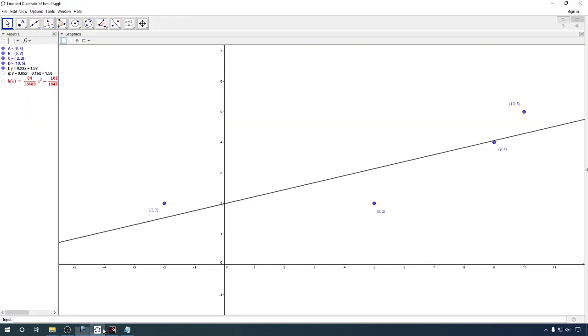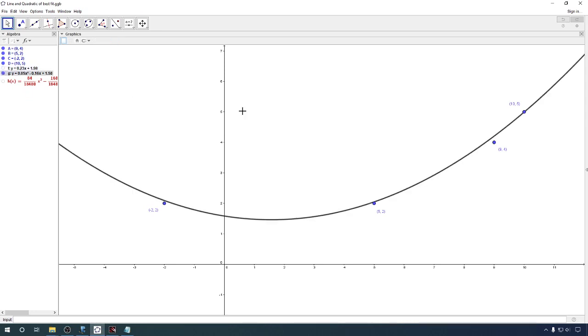And if you didn't see the preview of that just a moment ago, that's what that quadratic actually looks like. So this looks a lot closer. It actually passes very close to some of those points. In fact, it almost looks like it passes directly through 10, 5, though I think it's a little bit off. I mean, we could technically test it by plugging in the values of 10 and 5 and seeing if we actually do get an exact answer. But we probably shouldn't expect that.